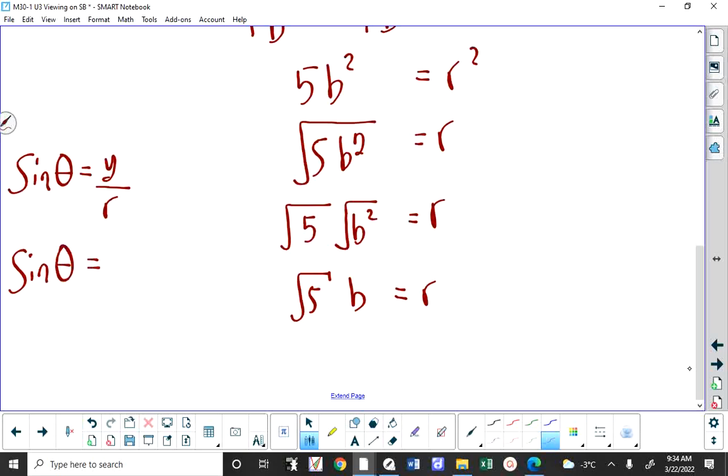And we said that y was equal to negative 2b. And we've discovered that r is equal to root 5 multiplied by b. And what happens is the b's cancel. And I'm back to that idea that it didn't matter what b was. The b's cancel, so I'm left with negative 2 over root 5.